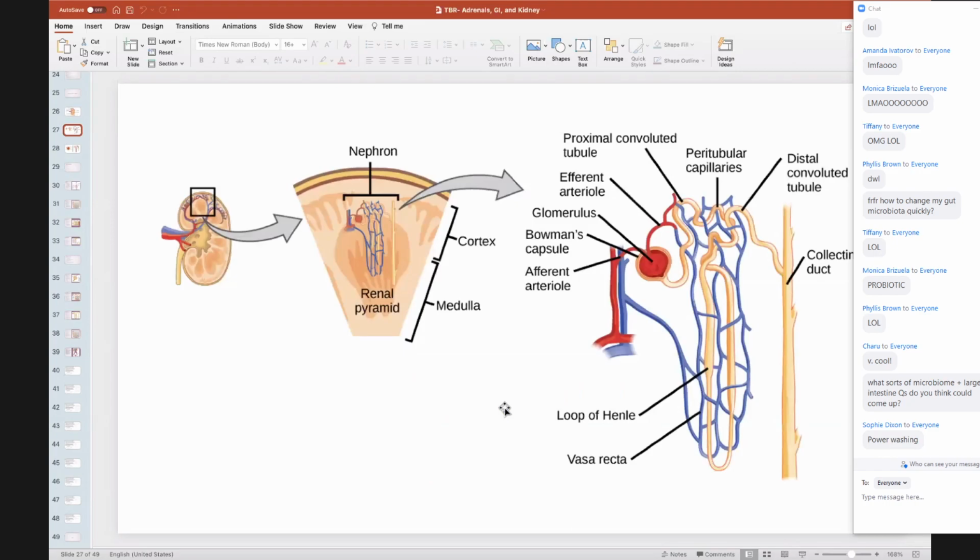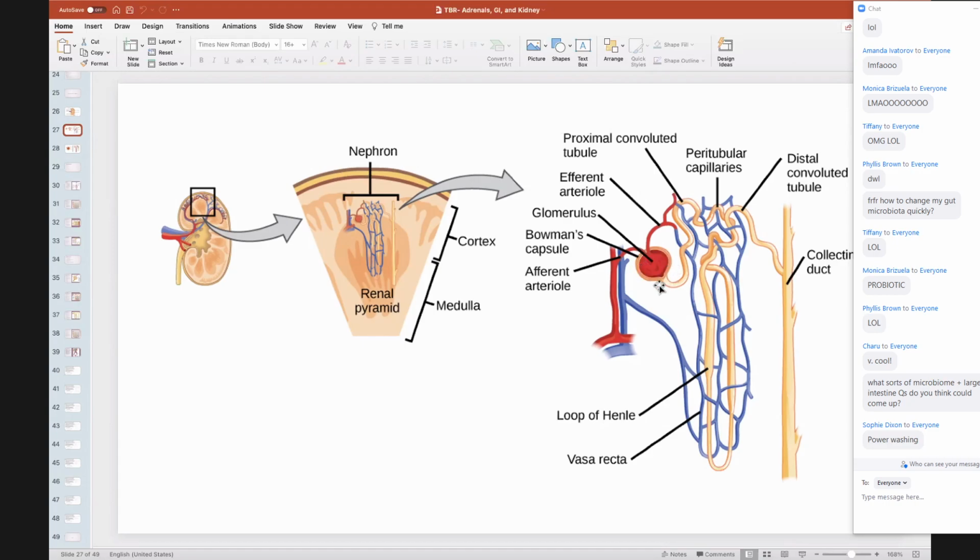If we zoom in, we do have the functional unit of the kidneys called the nephrons. Each kidney has about 1 million nephrons. So we have 1 million of these guys in each kidney working together to create your urine. In our nephrons, we do have these kidney arterioles that supply blood into the Bowman's capsule. So this is where we start to enter into the nephron. The nephron starts at the Bowman's capsule.